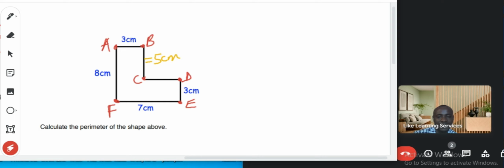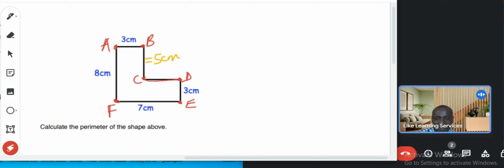Good, because everything from the bottom to the top is 8 centimeters. And since this D to E is 3, the remaining one must be 5, because 8 minus 3 will give you 5. Did you get that? Yes.